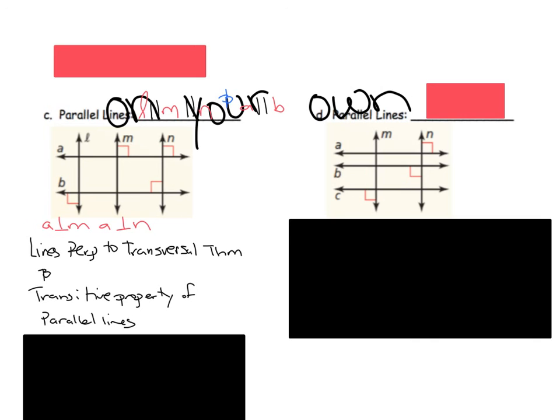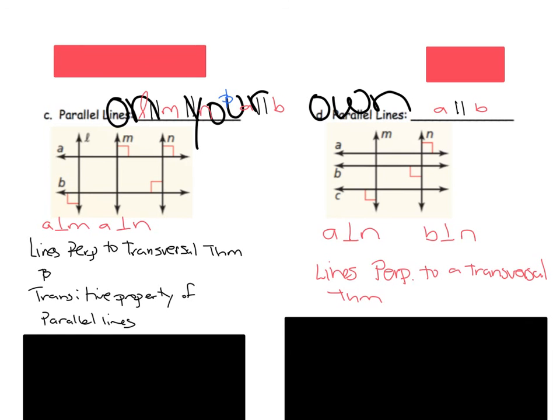I notice A and B have N in common, so I'm thinking that A would have to be parallel to B. Notice, remember, they had something in common there. So reasoning, lines perpendicular to a transversal theorem. So notice it does help if you actually write it out. You see that they have something that they share in common. All right, awesomeness.